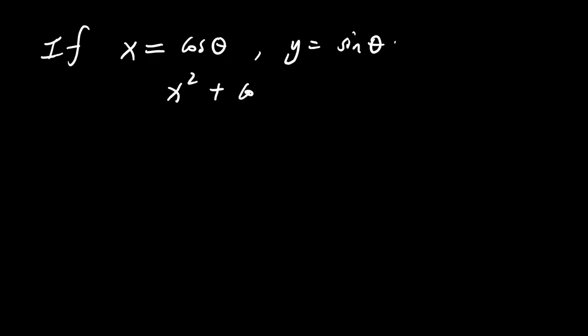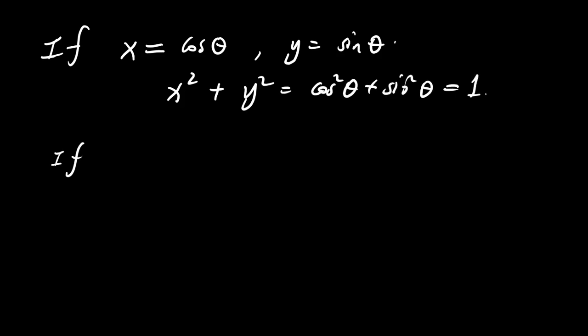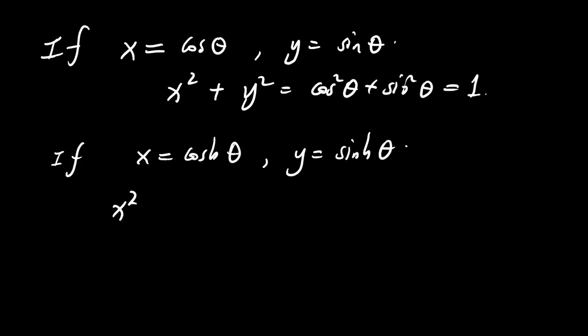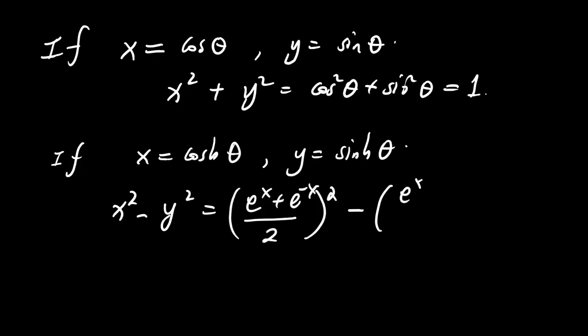If x equals the trigonometric function cosine theta and y equals sine theta, then we know that x squared plus y squared equals cosine squared plus sine squared, which equals 1. However, if x equals hyperbolic cosine theta and y equals hyperbolic sine theta, then x squared minus y squared equals ((e^x plus e^(-x))/2) squared minus ((e^x minus e^(-x))/2) squared. This gives us a squared minus b squared, so (a plus b)(a minus b).